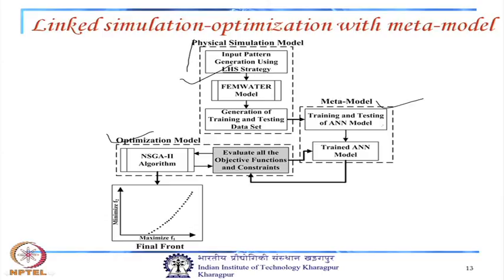We can train that ANN model or any SVM or GP model. Then we have the trained model. In the trained model, we will pass capital Q and small q. Again we will get the C value out of this, and we can use this C value for optimization, and again we can get these multi-objective solutions.